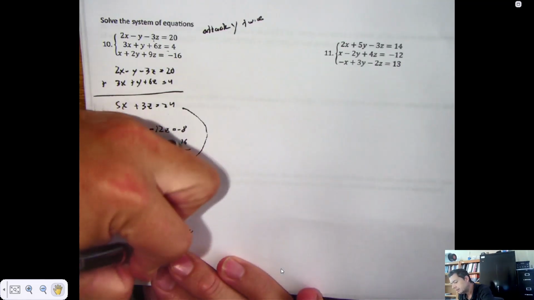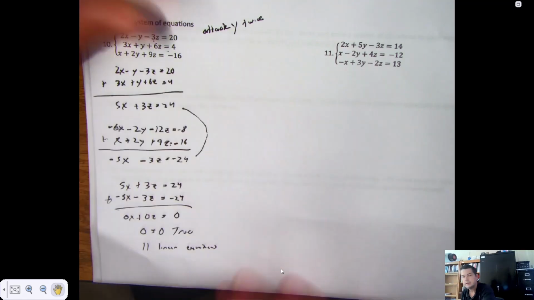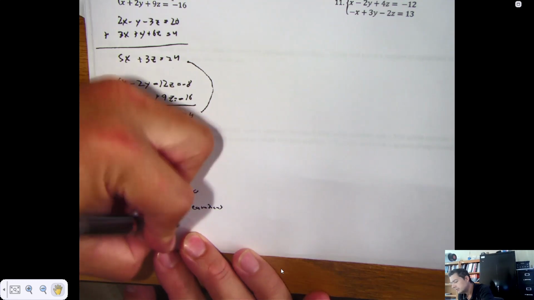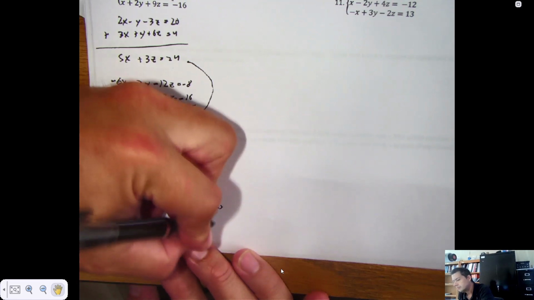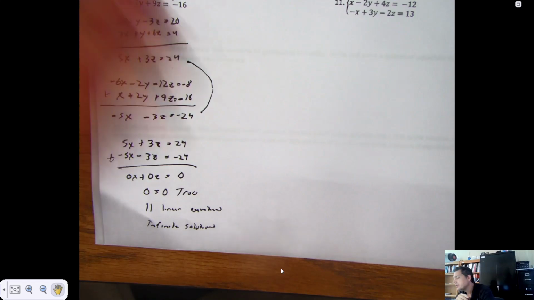These are parallel linear equations. They have an infinite number of solutions. And until I actually teach you how to do this with matrices, you cannot actually answer it. So there's 10.